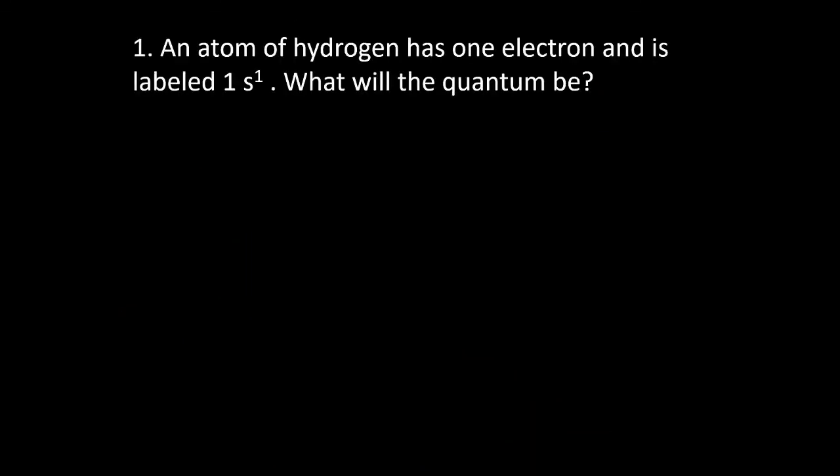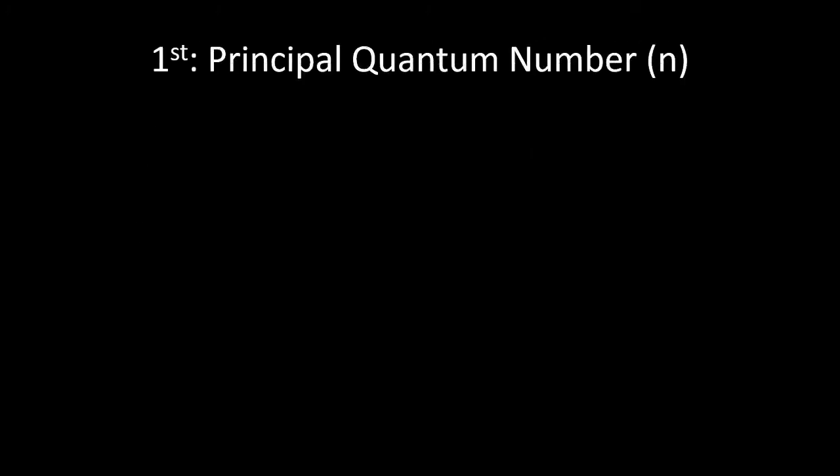Let's apply this to our first example. A hydrogen atom has 1 electron. So meaning, its electron configuration is 1s1. What will be the quantum numbers here? So, let's start with the first quantum number, the principal quantum number.